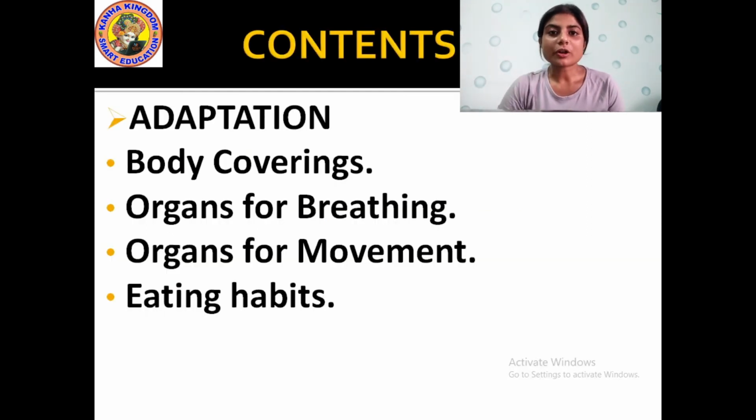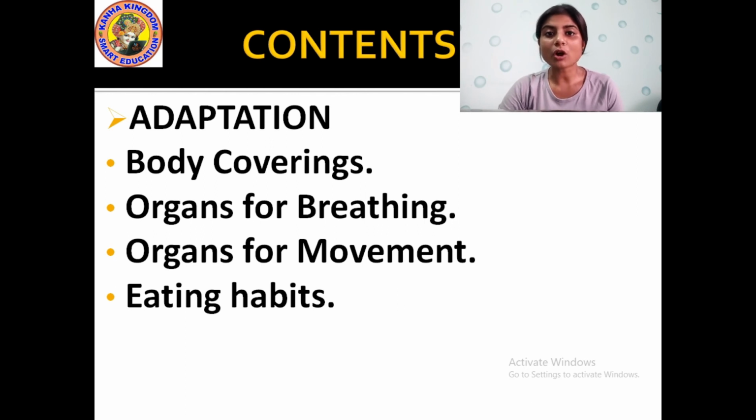So students, the contents of the second part, that is adaptation, today we will study about the adaptation of the animals with their habitats. How the animals got adapted with their habitats. What are the different topics on it that we will study today? First of all, we will study the body coverings of the animal, then organs for breathing.